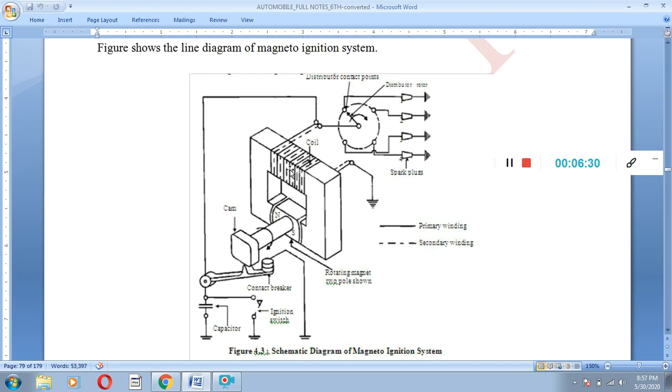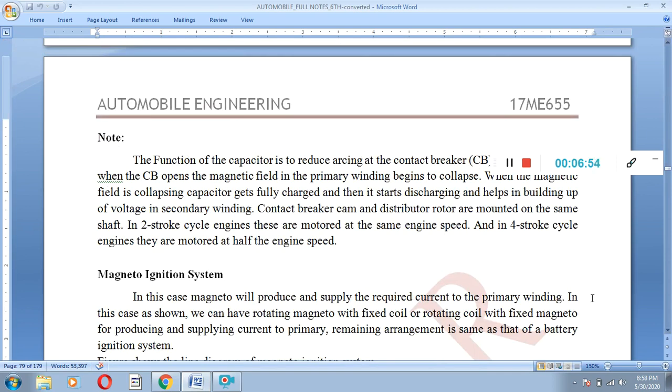Coil is there, cam is required, and capacitor, contact breaker and ignition switch. And a rotating magnet with two poles is shown here, a north pole and a south pole, in the figure. So now, how will it work in this case?